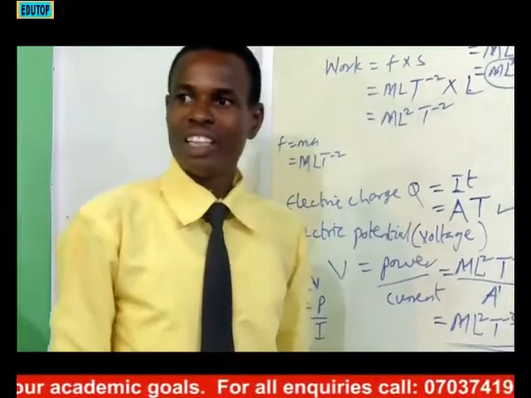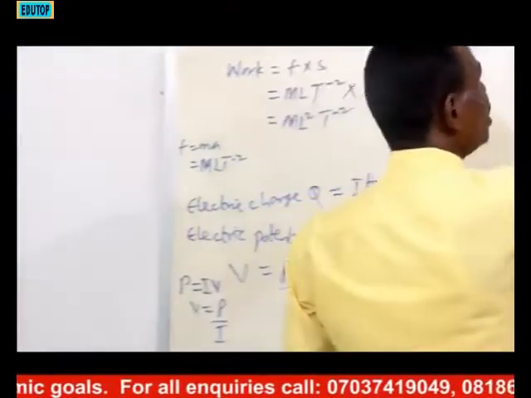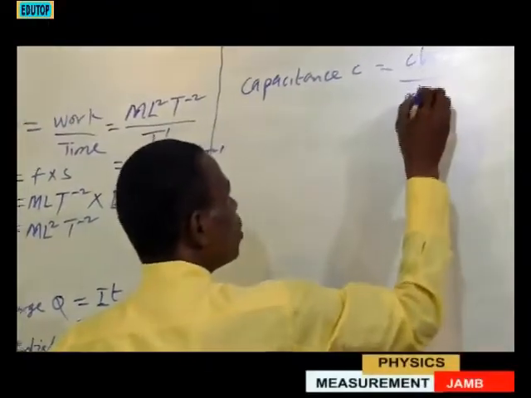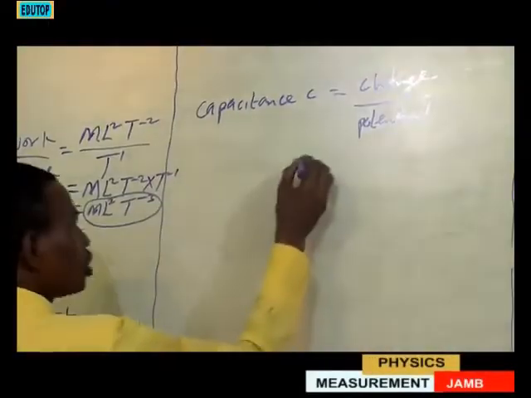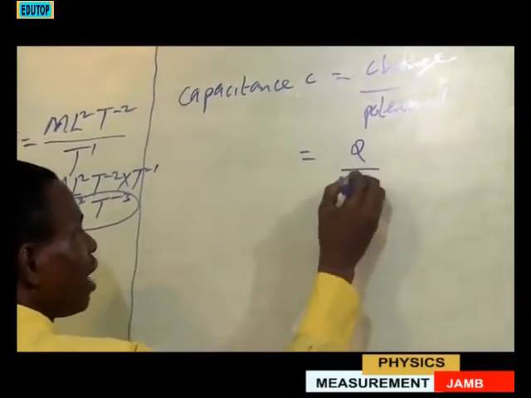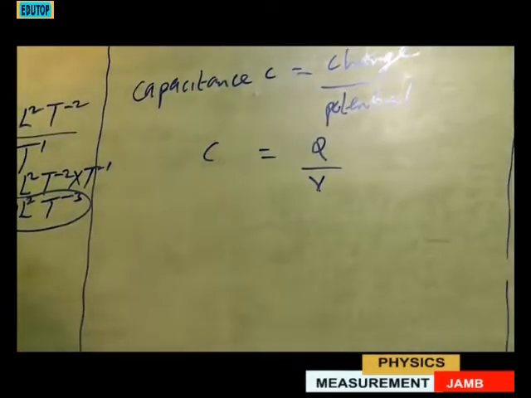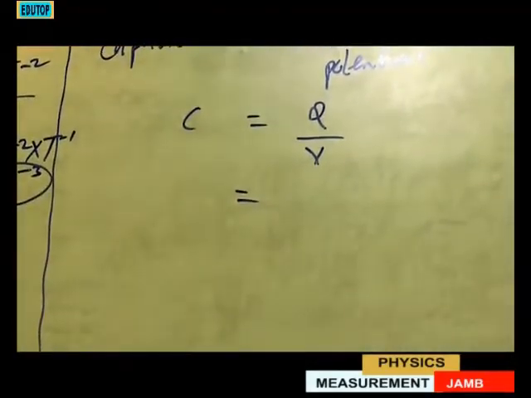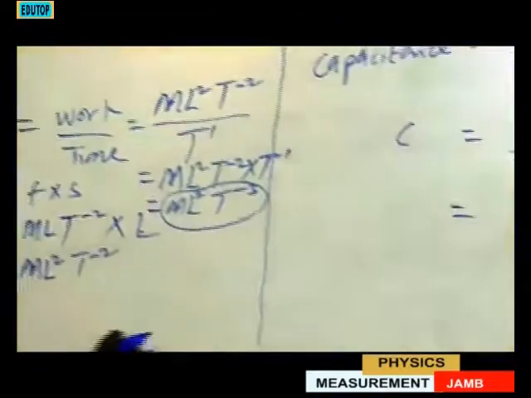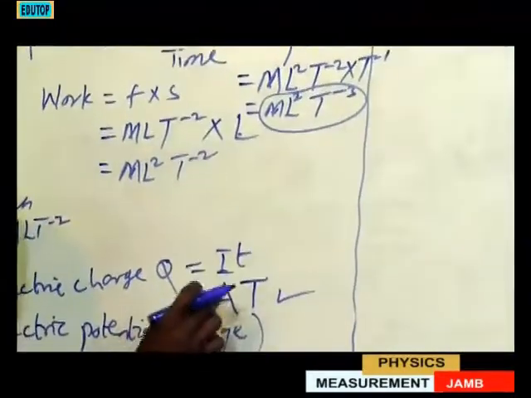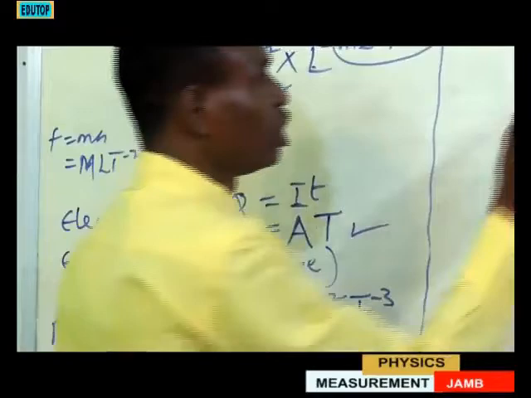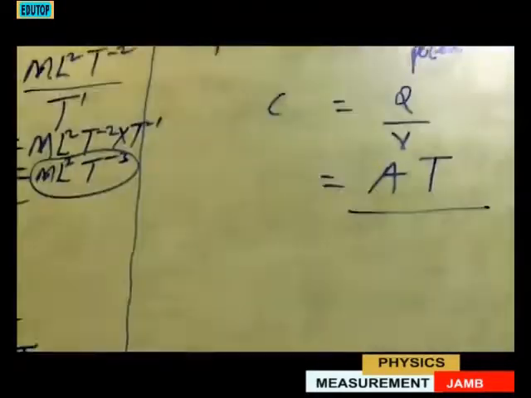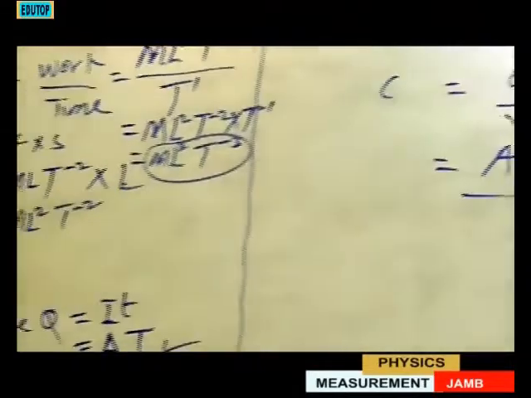The formula is charge over potential, which is equal to Q over V. And remember that I've given you, please look at this place, electric charge, the dimension is A T. Put it there. V, which is potential. Can you see? Put it there.